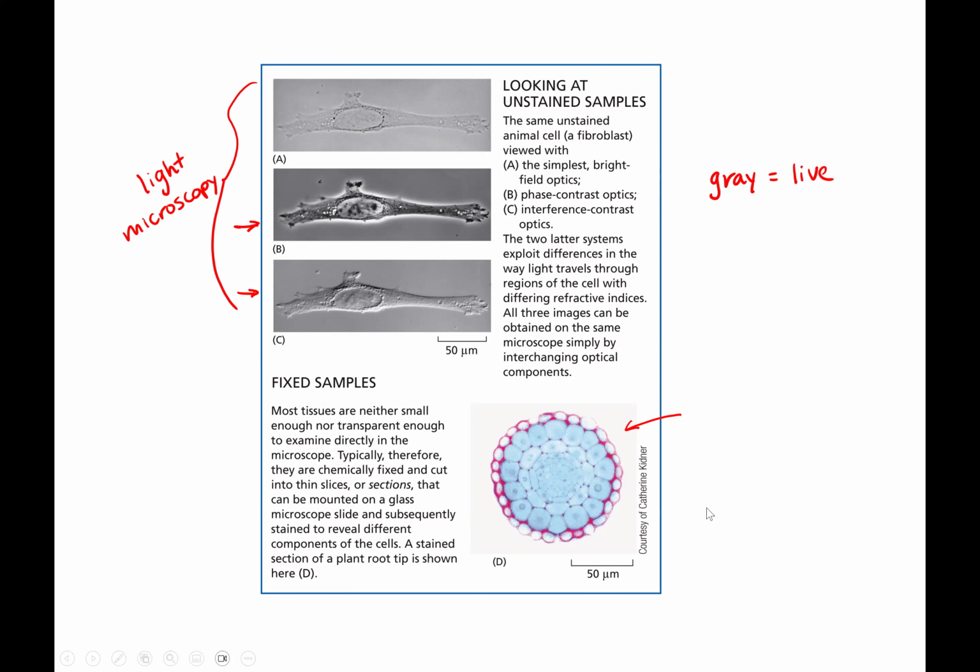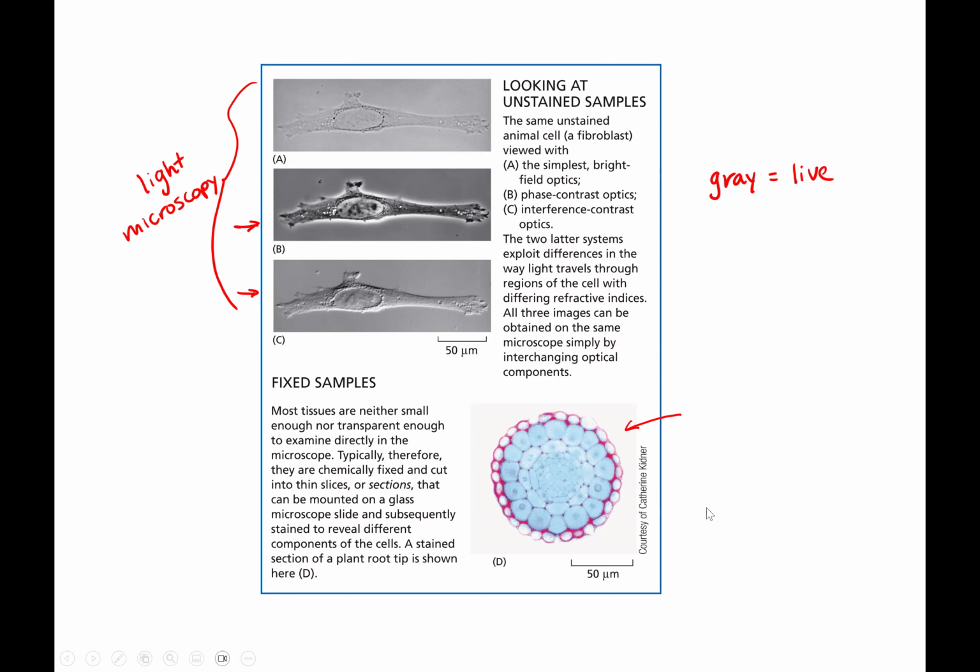So what can you actually see with light microscopy? You can definitely see eukaryotic cells. And in those eukaryotic cells, you can see a nucleus, sometimes, not always. You can see the cell membrane. You can see chloroplasts, if it's a plant cell or a protist.